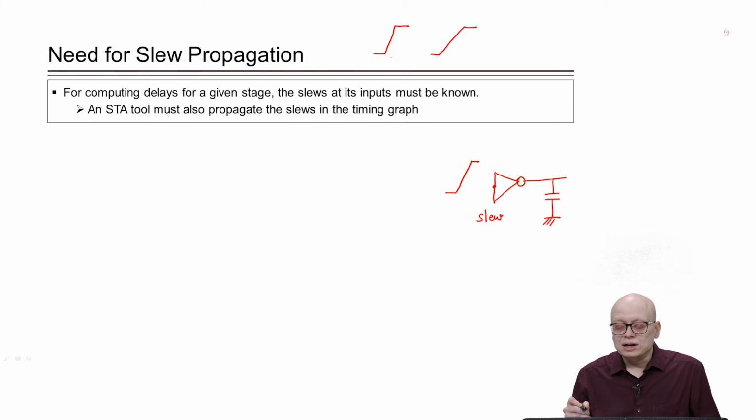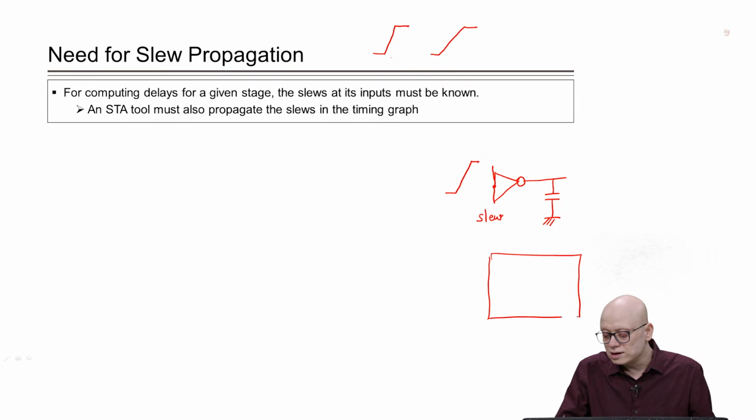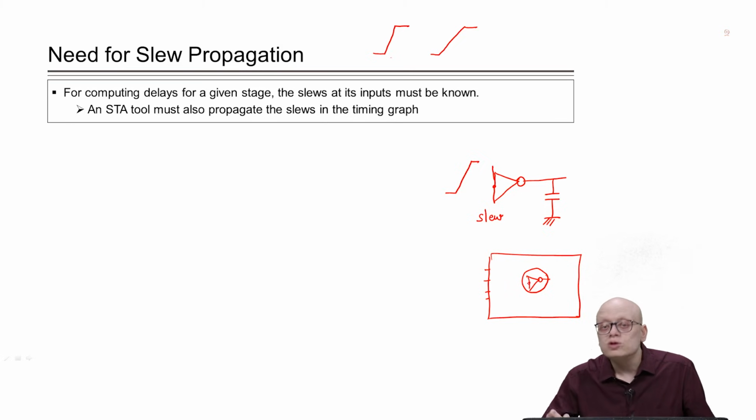Since the slew is very important for computing the delay of a stage, the slew must be propagated in our design. Suppose this inverter was lying somewhere in the middle of our design. We know the slew of the incoming signal to our design through the constraints file, but when we want to compute the delay of this inverter, we also need to know the slew of the signal at the input of this inverter.